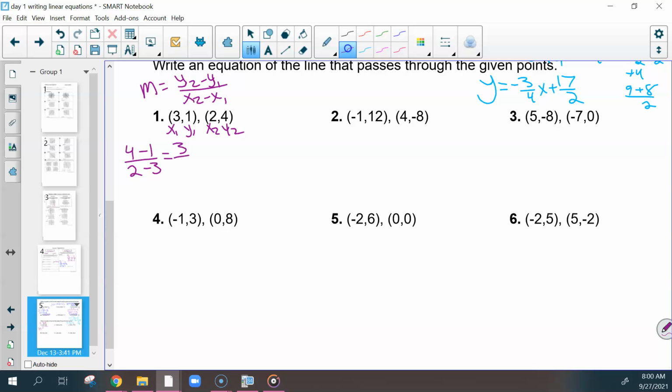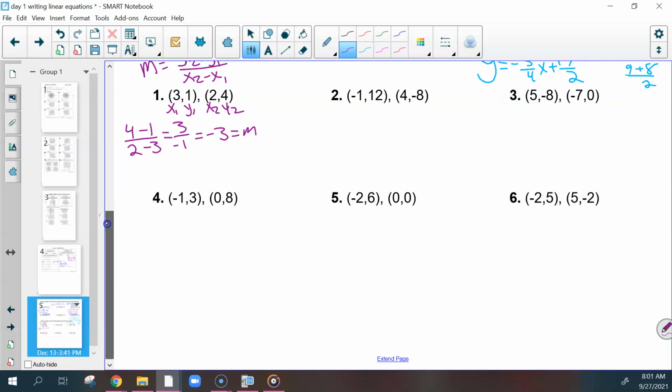We get 3 over negative 1, so negative 3. Once you have your slope, you were given 2 points, so you can choose either one to put back into the formula and solve.